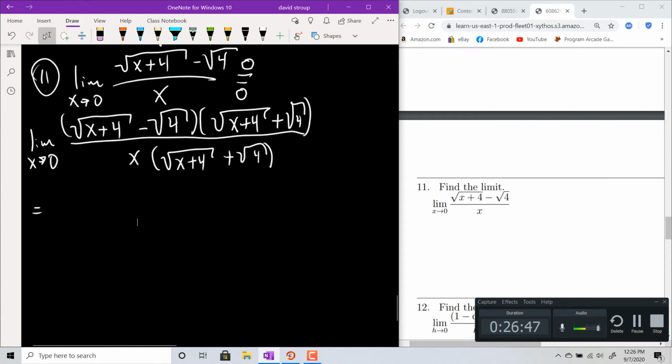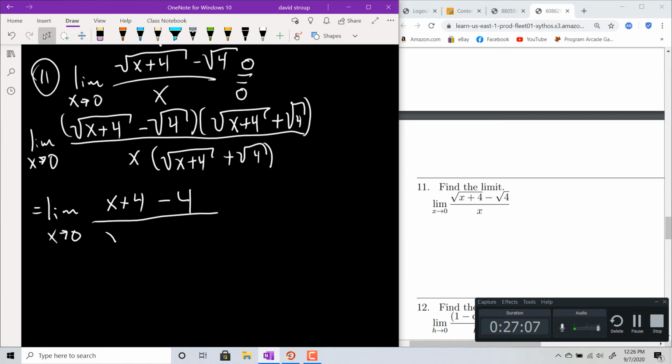Square root x plus 4 times square root x plus 4 is just x plus 4. The inner and outer terms are additive opposites, so they add to 0. And the last terms, negative square root 4 times square root 4, give you negative 4.